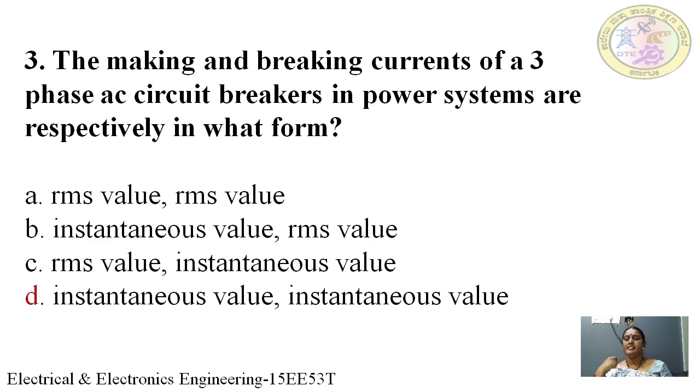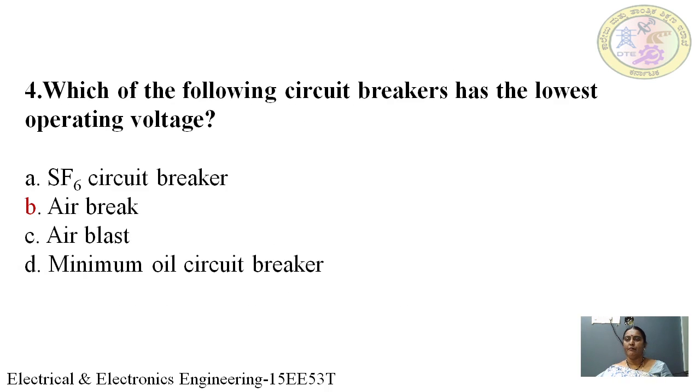Therefore, these are all instantaneous values, not maximum values. The correct answer is instantaneous value: making current is an instantaneous value, and breaking current is also an instantaneous value.